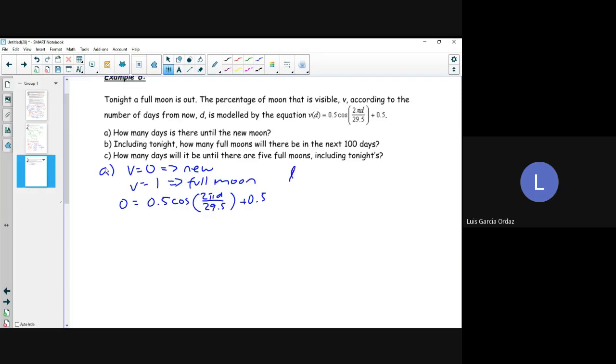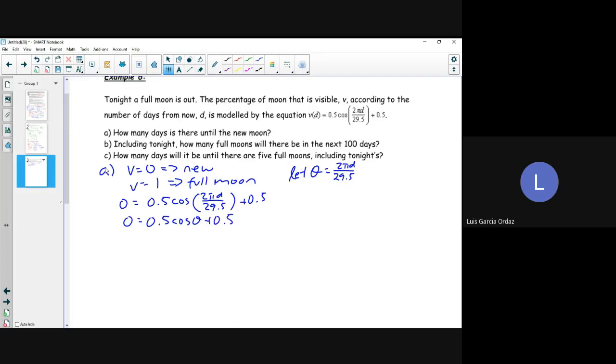So we'll say let theta equal 2 pi D over 29.5. So we're left with 0 is equal to 0.5 cos theta plus 0.5.